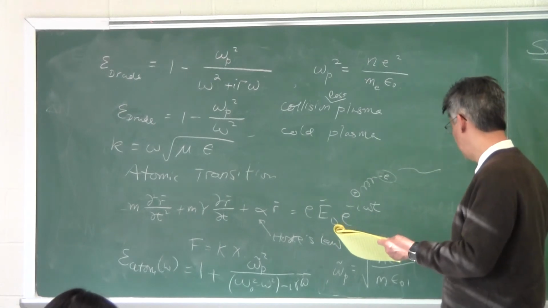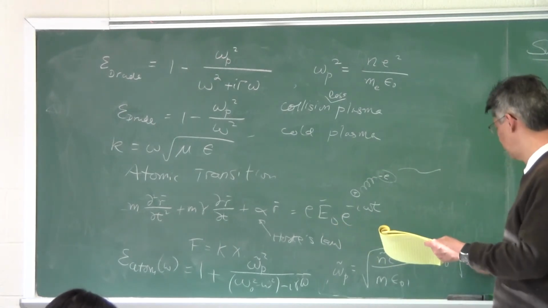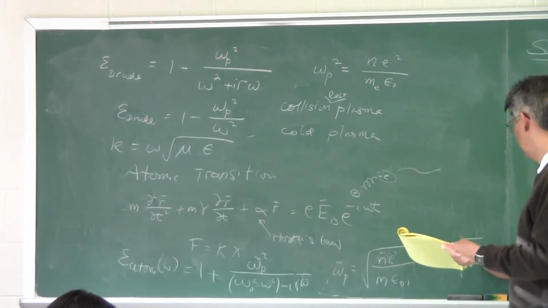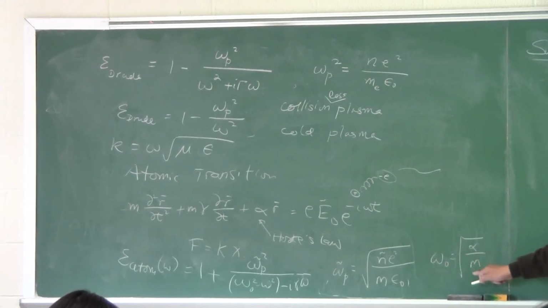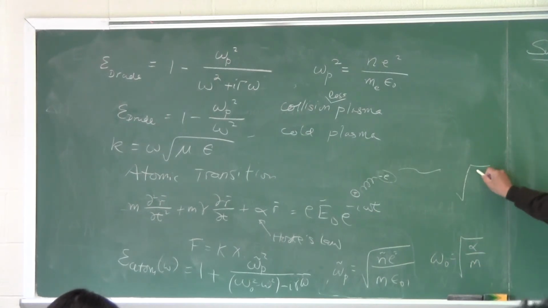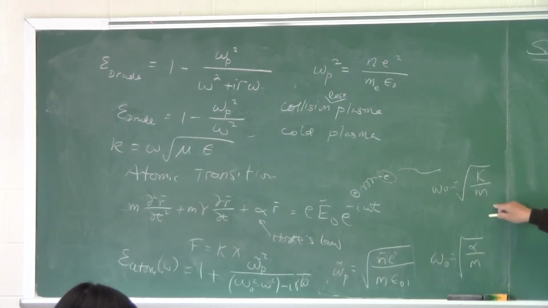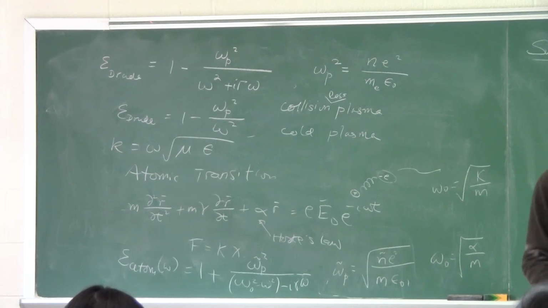Omega naught is just a spring resonance frequency. By Hooke's law, the resonance frequency of a mass attached to a spring is given by this formula. You might see this in some textbooks. This is just that.